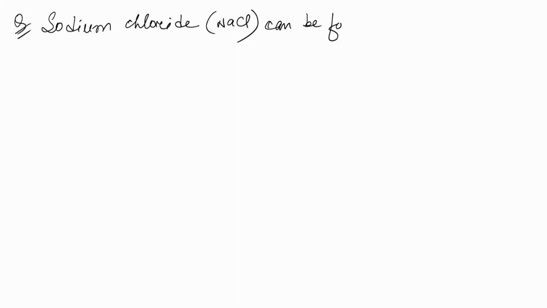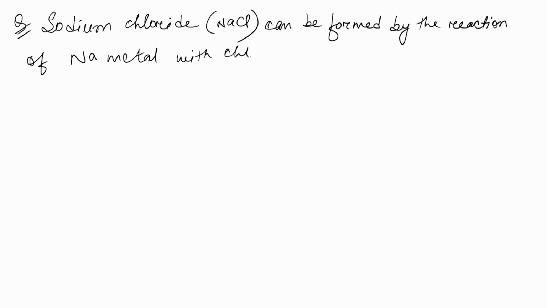So, the question is, sodium chloride, NaCl, can be formed by the reaction of sodium metal with chlorine gas.